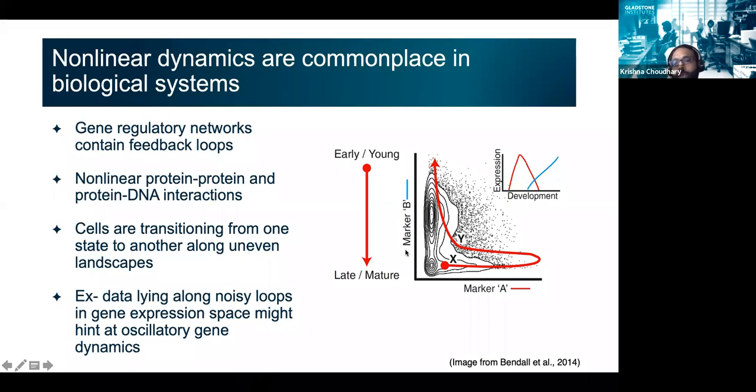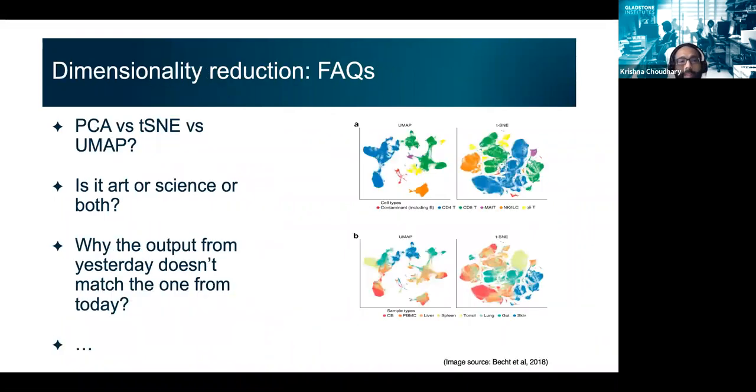And if you look at cells in the space of these two genes and their expression levels, then you will see that the cells are moving along this red curve path where the expression level of A goes up while B stays constant or close to zero, and then A decreases while B picks up. So again, such trajectories of cells are commonplace in biology.